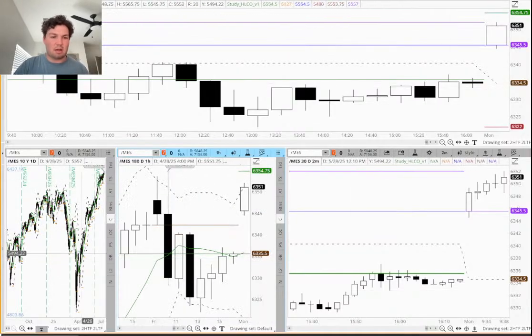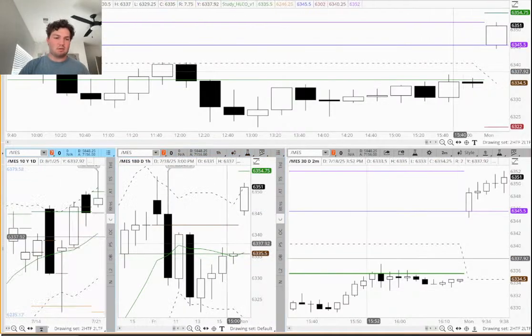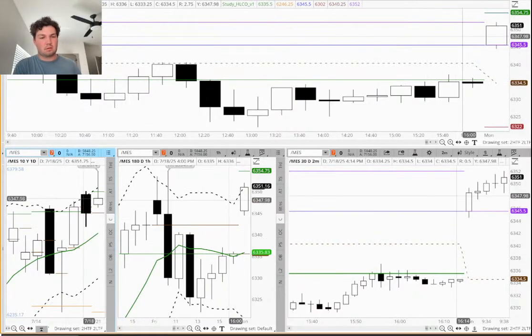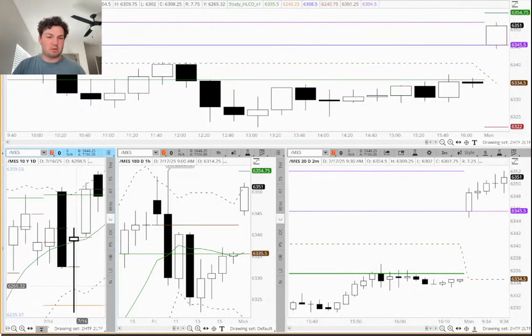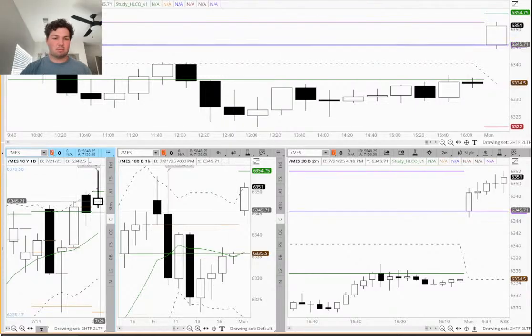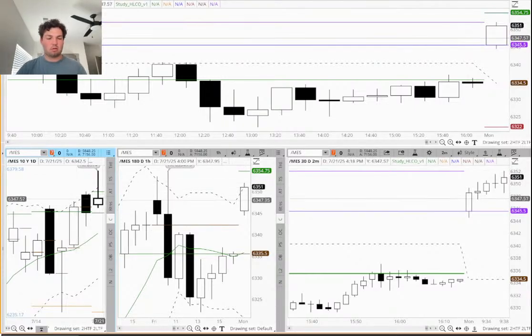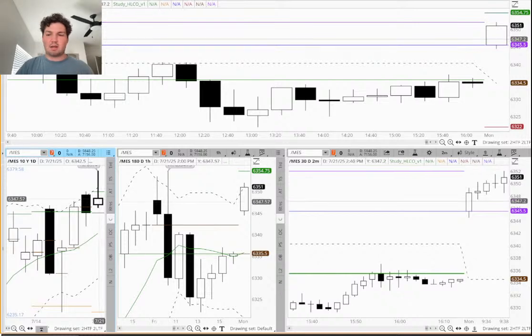Okay, so what's happening today? We had a sizable gap up. And I know from this, unfortunately, that today is going to make a big move up and then come back down.